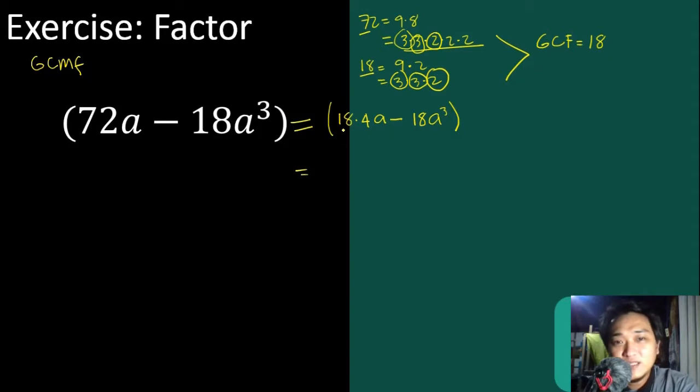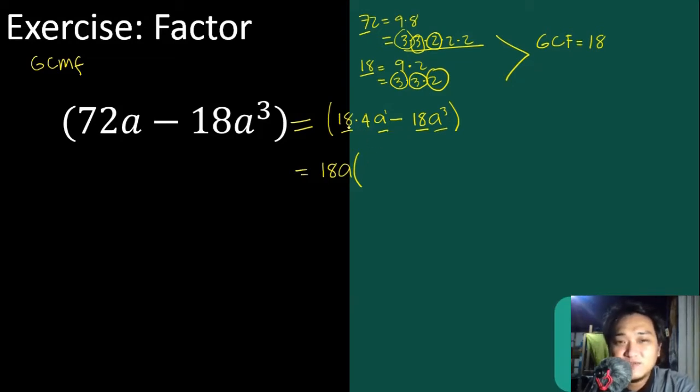Oh, pareho pala silang merong GCF na 18. And take note, pareho silang may A. Dito, isa lang yung A, dito, tatlo. So, sa tingin nyo, ano yung unang-una natin pwedeng ilabas? Lalabas muna natin si 18, yung GCF or yung GCMF. Next nating ilalabas, maglalabas tayo ng A. And then, we're going to find out kung ano yung natira sa loob.